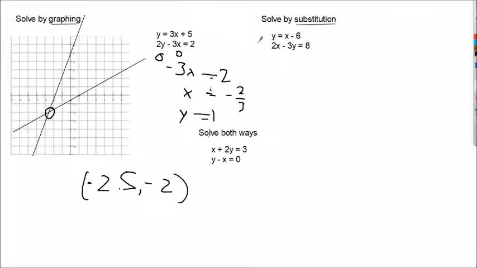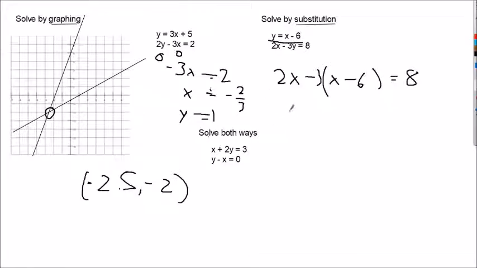Next, we solve by substitution. Substitution means you substitute into the equation, assuming y is equal to x minus 6, so 3y is equal to 3x minus 6. So 3x minus 6 equals 8.